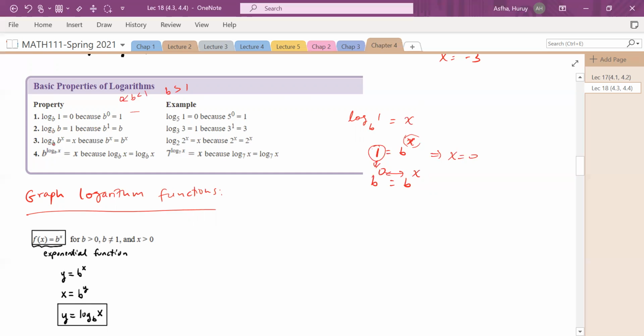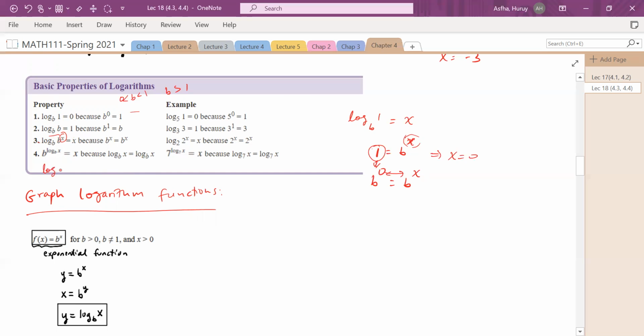And log of b to the x, base b, is always x, whatever x is, because we know log b base b is 1, and we can bring the exponent down. We have this property.